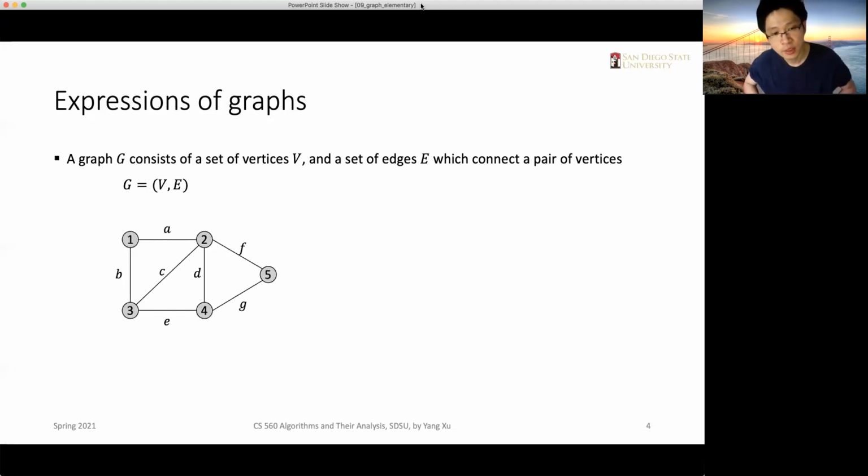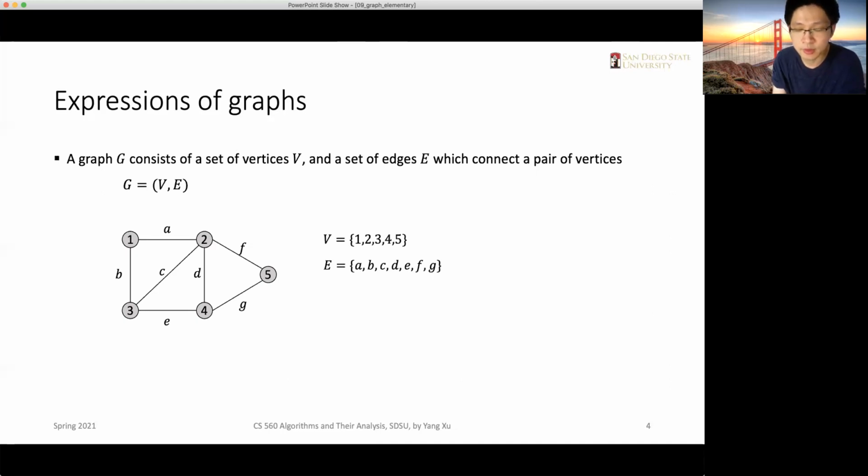So, for example, if we use the integer numbers 1 to 5 to represent all the vertices in this graph, and lowercase letters to indicate the edges, then this graph can be represented by these two sets of vertices and edges.